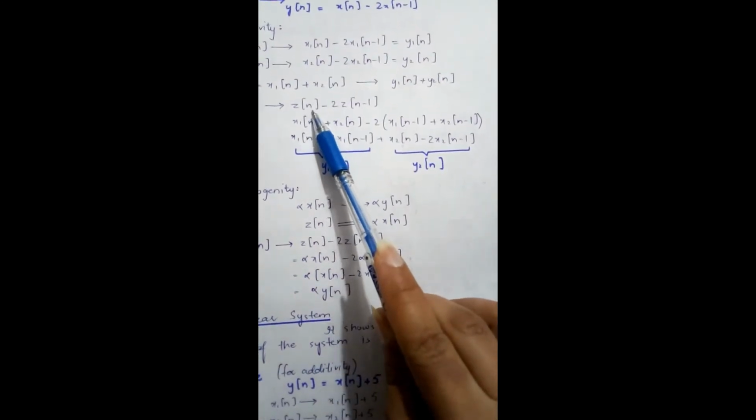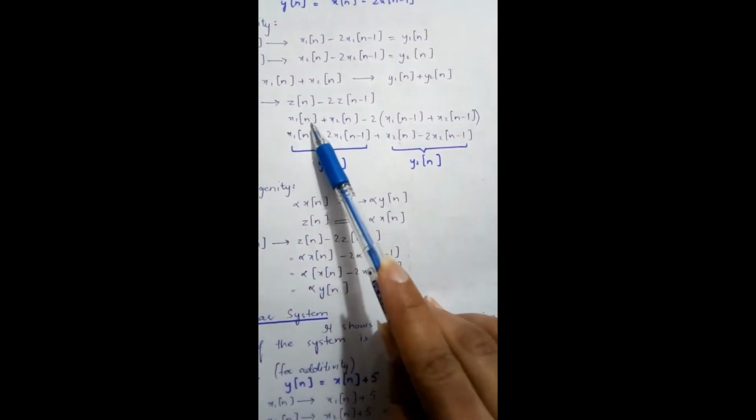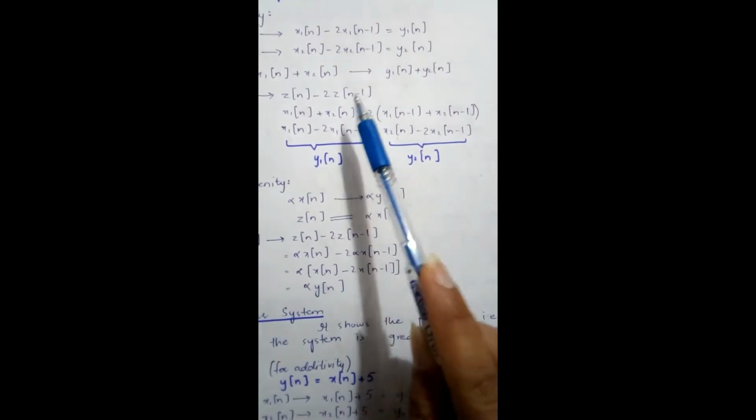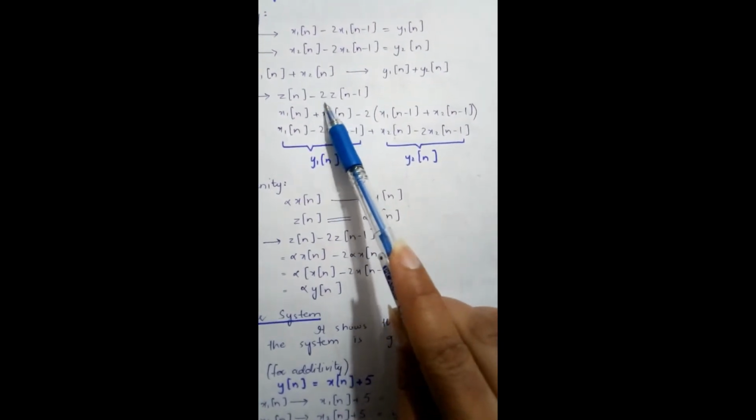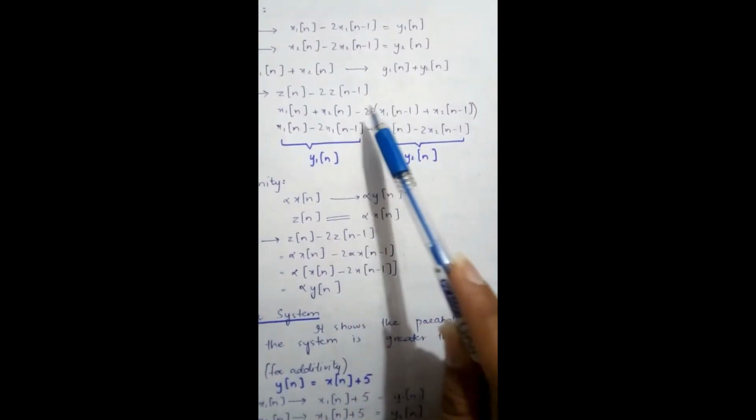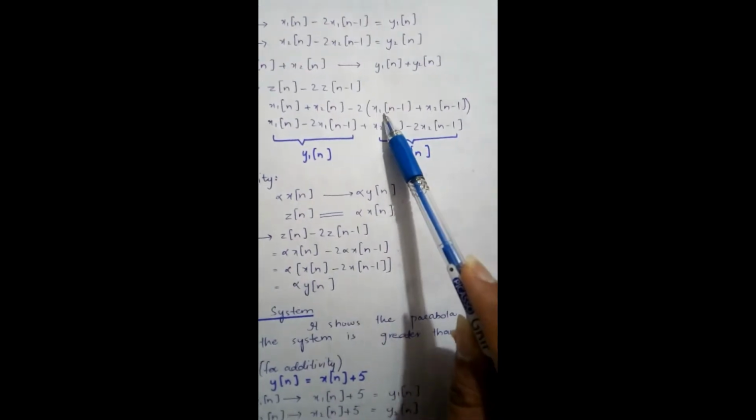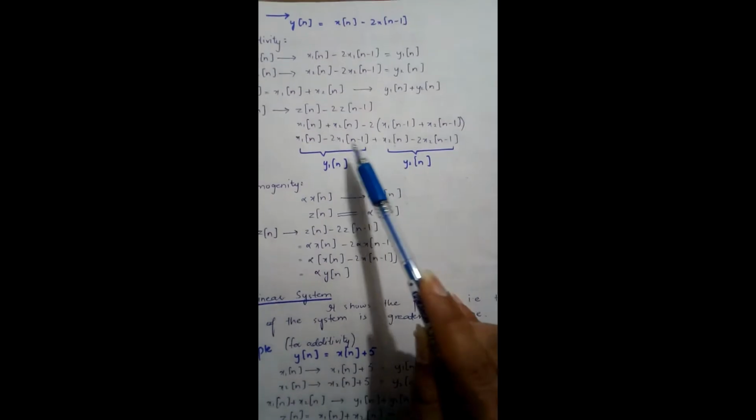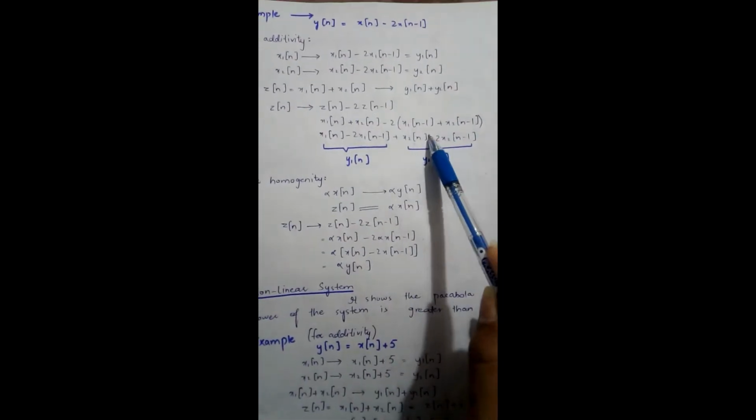So z of n is equal to x1 of n plus x2 of n. Similarly, minus 2 z of n minus 1 is equal to minus 2 times x1 of n minus 1 plus x2 of n minus 1. So this is y1 of n, and this is y2 of n. So it shows the system is additive.